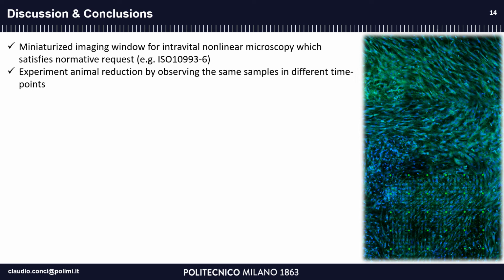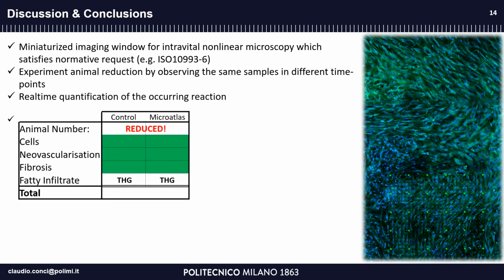With our device, we can reduce the number of animals employed in experimentation by observing and tracing the same animal sample at different time points, dramatically reducing the number of experimental animals inside the experimental group. What we obtain is a real-time quantification of the occurring reaction in terms of cells, neovascularization, and fibrosis. For the future, we will be able to quantify the fatty infiltrate, improving our data by exploring third harmonic generation, another label-free technique.